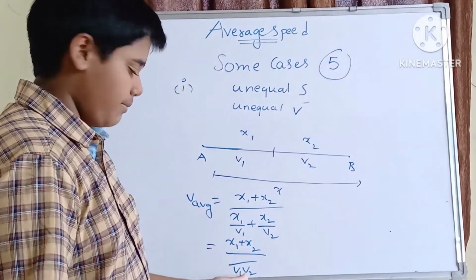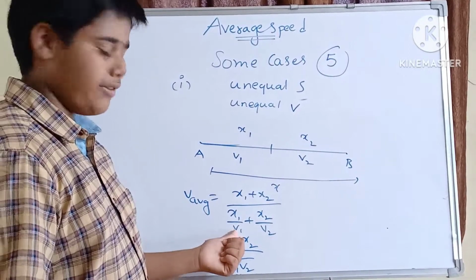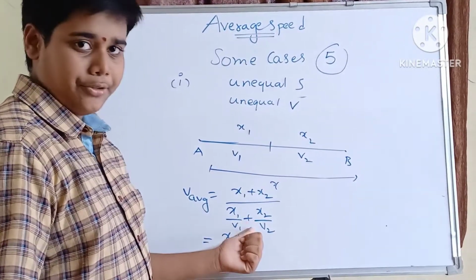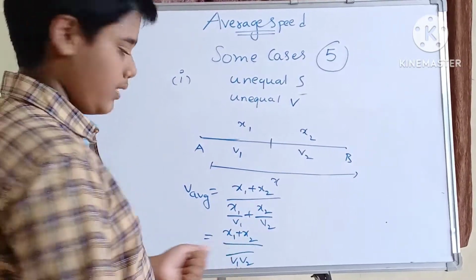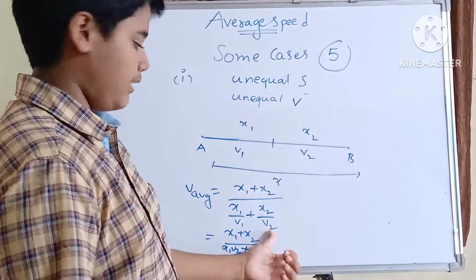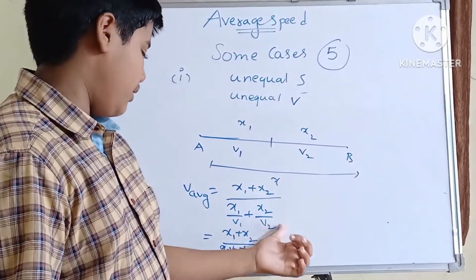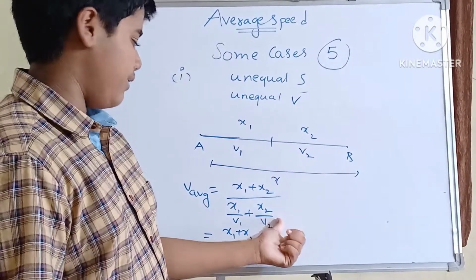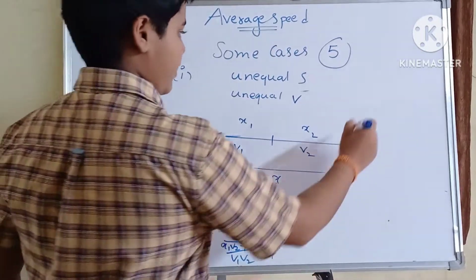Here the denominator is v1, so we should multiply v2, and in the numerator also we multiply v2. So x1 v2 plus, here they gave denominator v2 for x2, so we should multiply v1, so x2 v1.